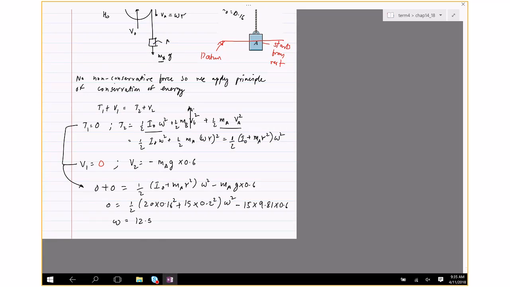Okay, I think I might have used 10 over here for gravity. So 12.5. So velocity of A, which is the unknown, is omega times R, which is 12.5 times 0.2, which is 2.5 meters per second.